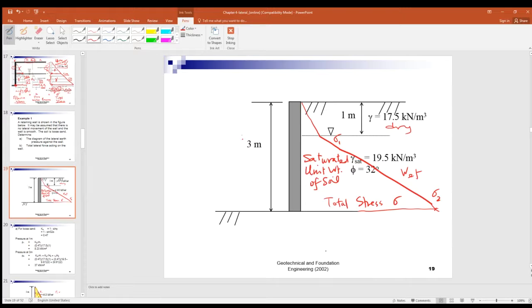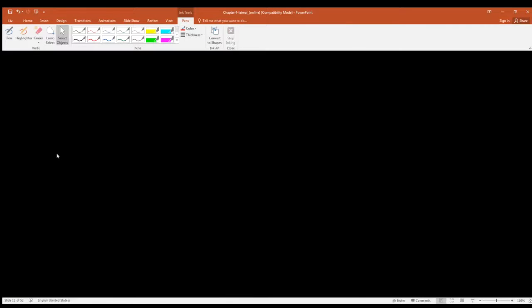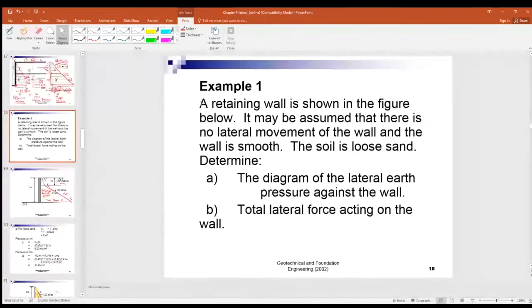Now you have to think about whether the retaining wall is at rest, or in the active or passive state. Let's take a look there. Low lateral movement, so that is at rest, K naught. So K naught is equal to what?